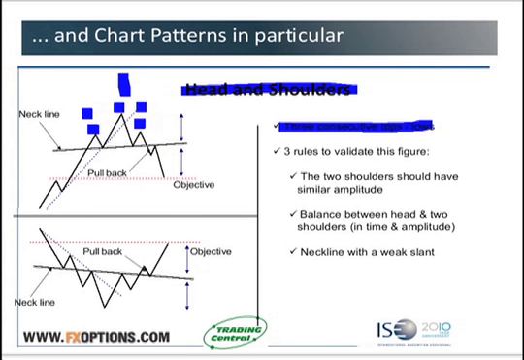The 2 shoulders should have similar amplitude. That means around the same size, and they are quite similar in time and amplitude. And as for double bottoms and double tops, the neckline should not be a horizontal neckline.